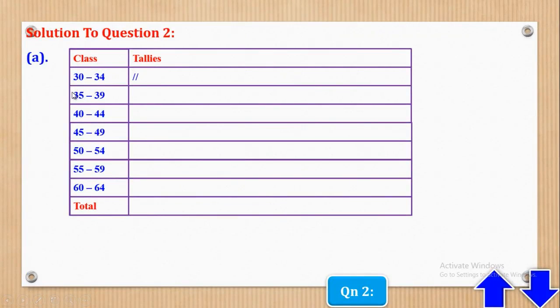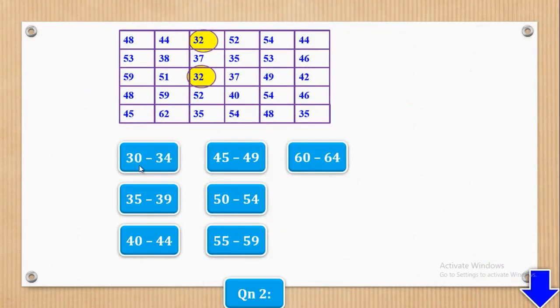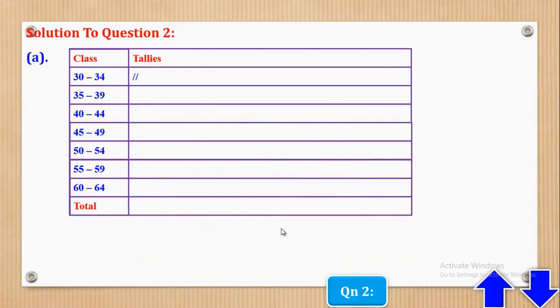The next is to get those which lie between 35 and 39. So I'll first remove these ones, then highlight the ones from 35 to 39, and they will be 1, 2, 3, 4, 5, 6. So I'll put tallies corresponding to 6.